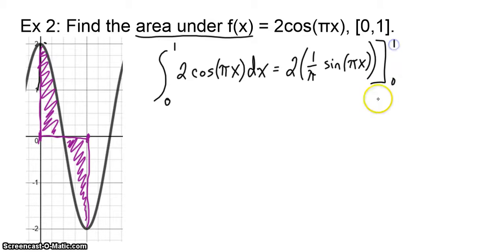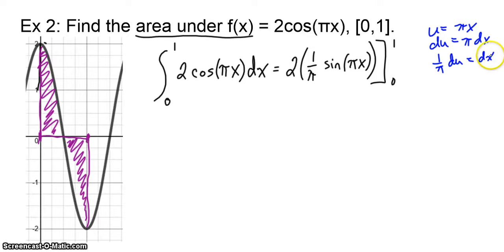from 0 to 1. Now, some of you may go, wait, where's the 1 over pi coming from? If we use the u substitution, pi x for the angle du, so 1 over pi du is dx.